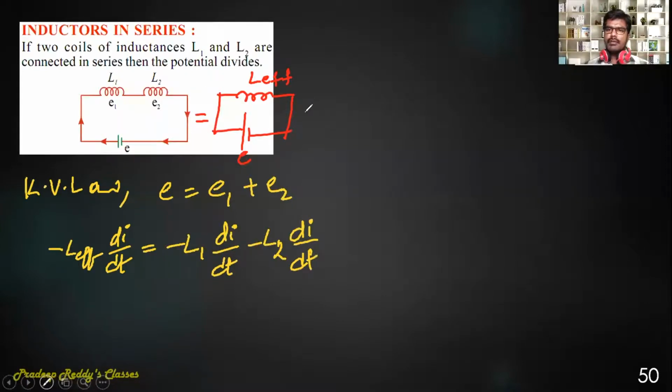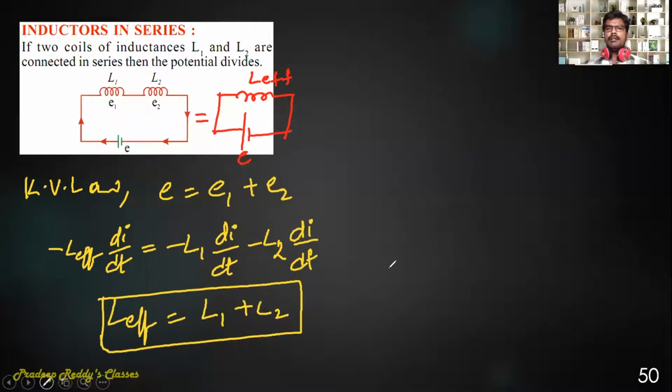Because the two inductors are connected in series, current will remain the same. Therefore, whatever current is changing in the first inductor, the same current will be changing in the second inductor as well. Minus on both sides gets cancelled, di by dt on both sides gets cancelled. So L effective will be equal to L1 plus L2.